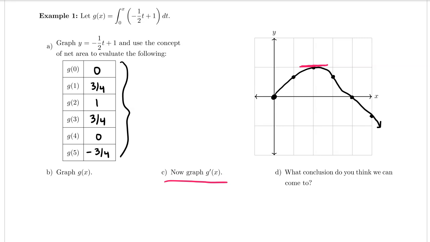So when our input value is 2, our output value should be 0.